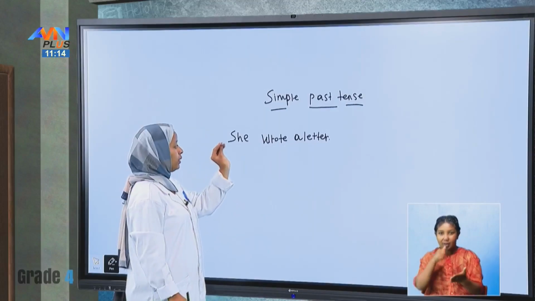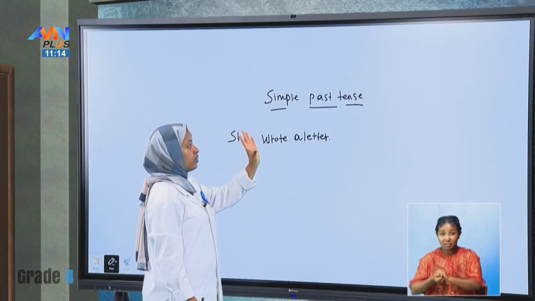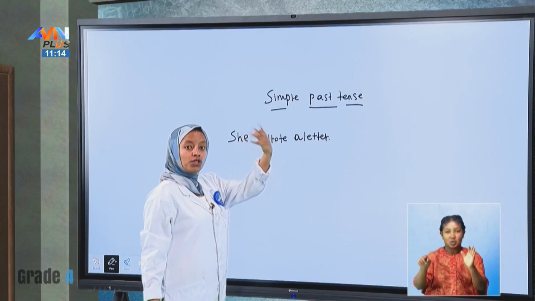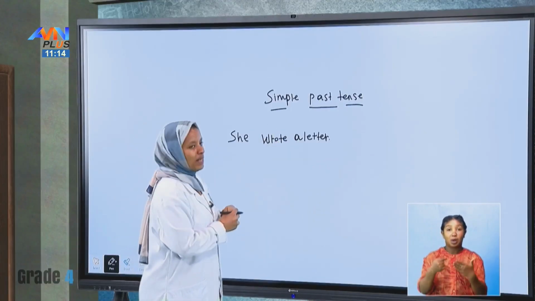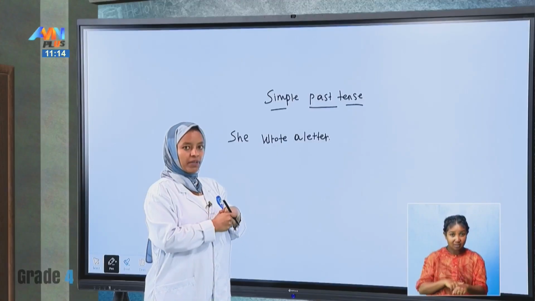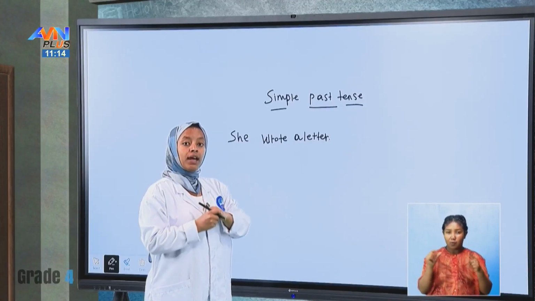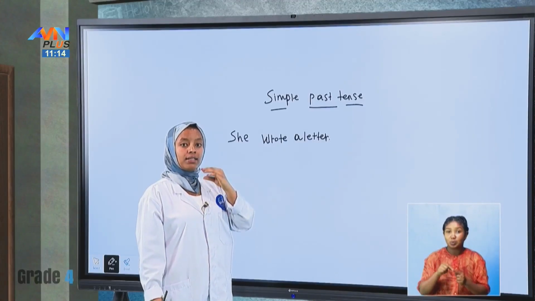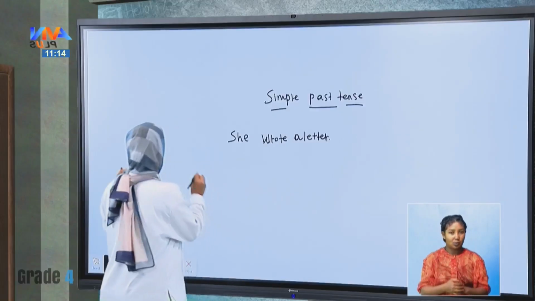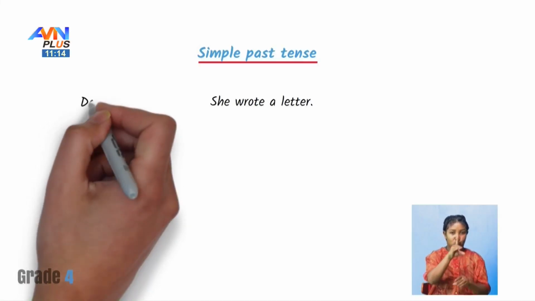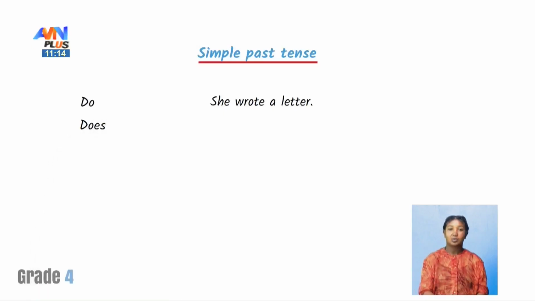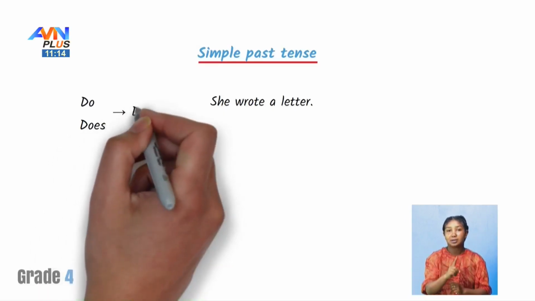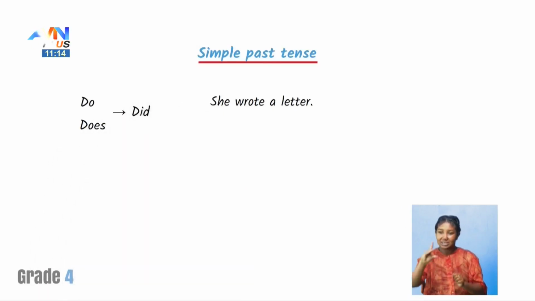Let us change this sentence to interrogative or question form. So when we come to simple past tense, like simple present tense, we have a word used for asking a question. Here is do or does. Change to what? Did. This is the past form of do and does.